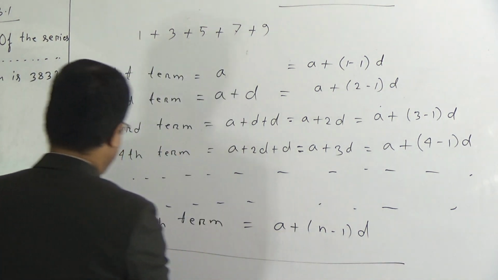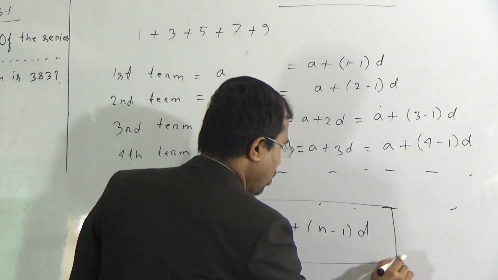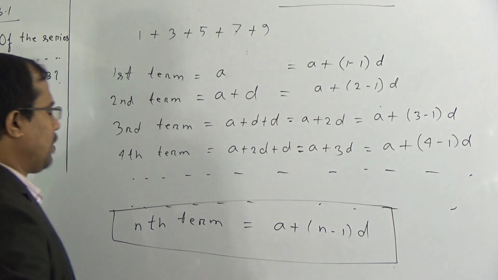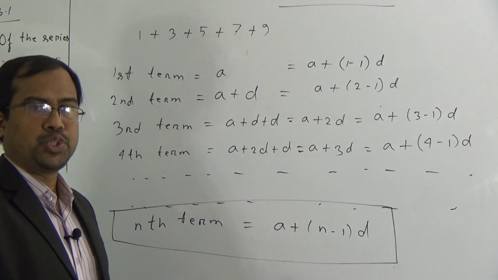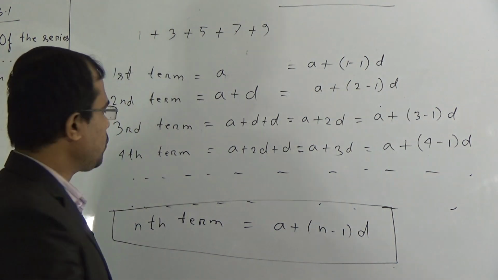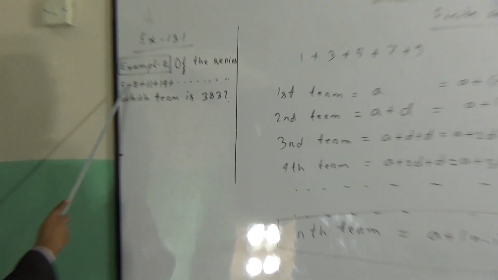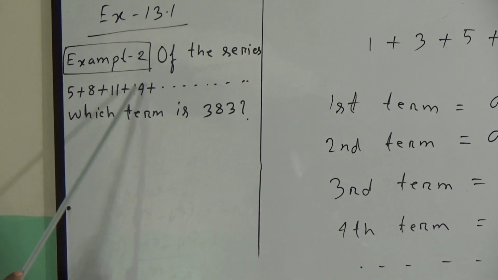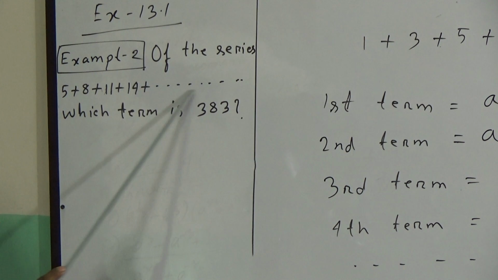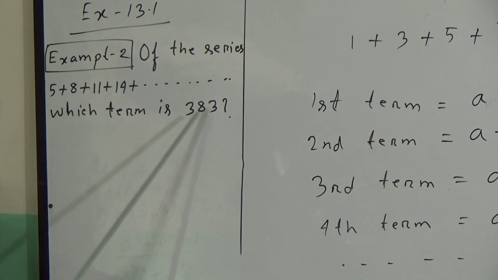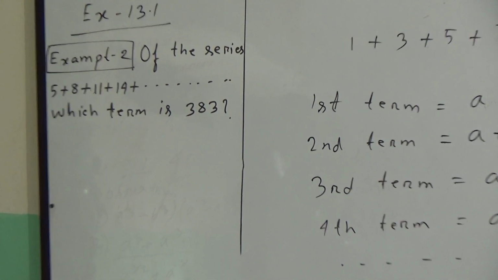Using this formula, today we will solve one problem. We will solve example 2 from 13.1. Here is the question given. Of the series 5 plus 8 plus 11 plus 14 plus dot dot dot, which term is 383?